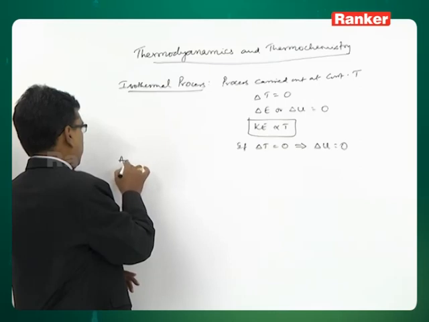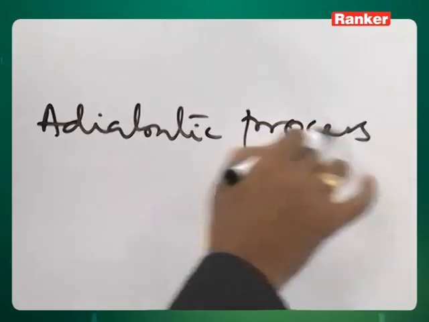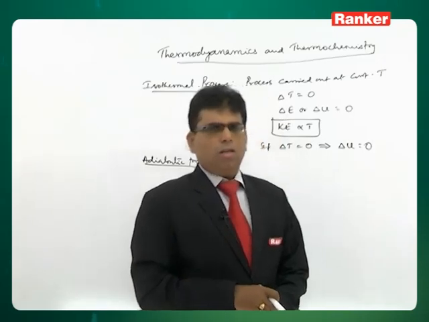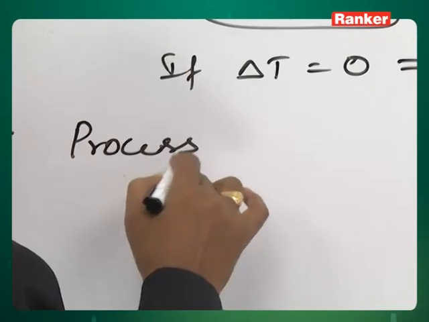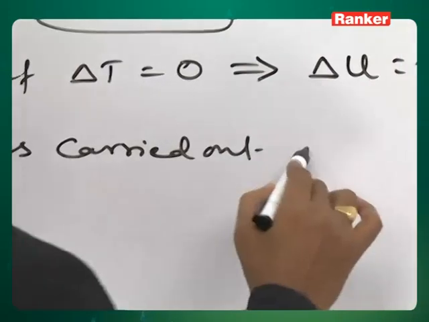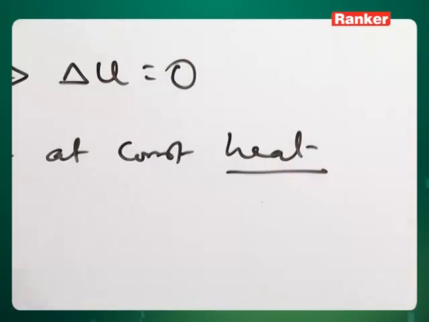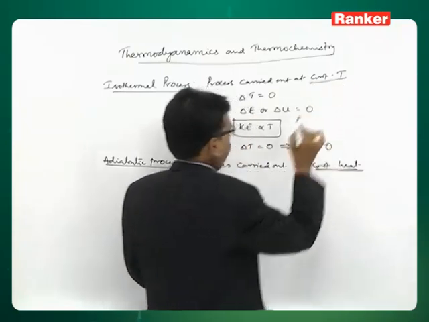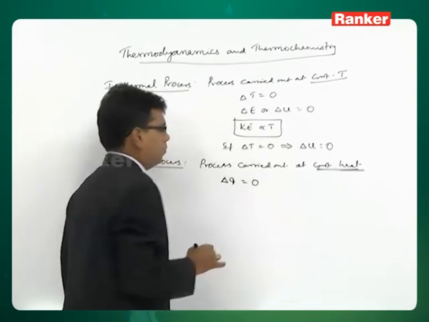The next process we have is the adiabatic process. What is an adiabatic process? It is a process that is carried out at constant heat, meaning delta Q is equal to 0.